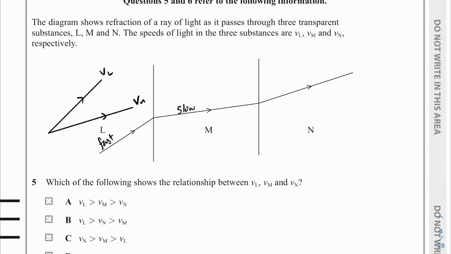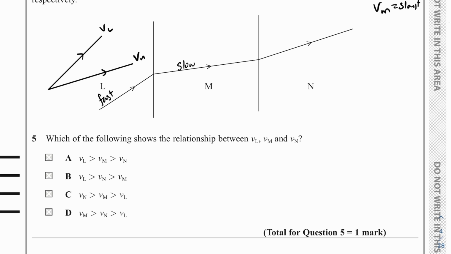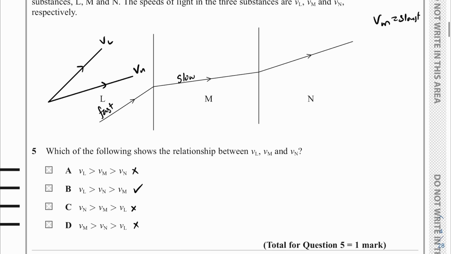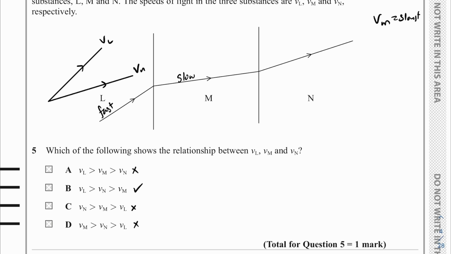You can see that it's a bit faster, right? But it's not as slow as M. So we know that VM is the slowest, so it should be at the very end. VN is not the slowest, VL is not the slowest. So by process of elimination, we should get B.